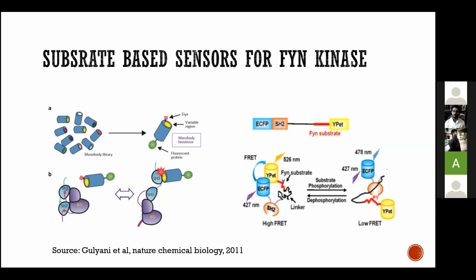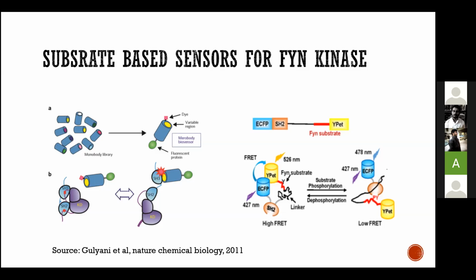All this is happening at the molecular level. You have to design it. As you can see, this Fyn substrate has a Y component, which you will see further, which gets phosphorylated for the biosensor to get active. On the left side, the substrate Y is not phosphorylated; it's dephosphorylated.